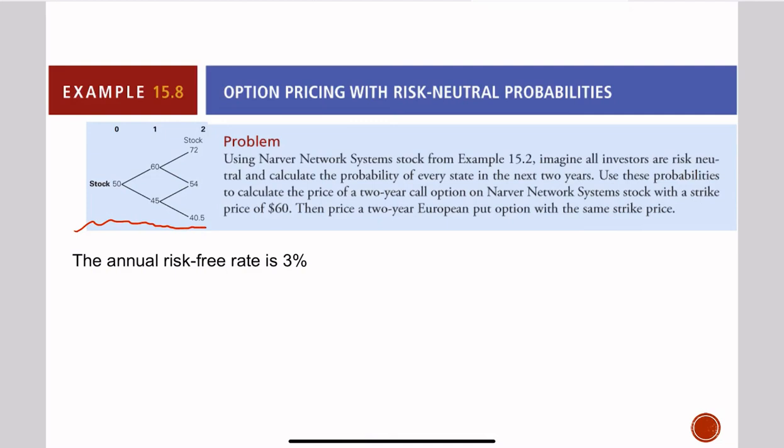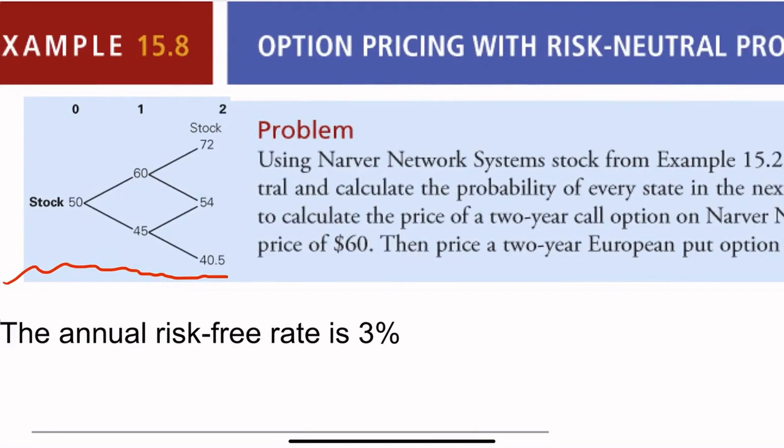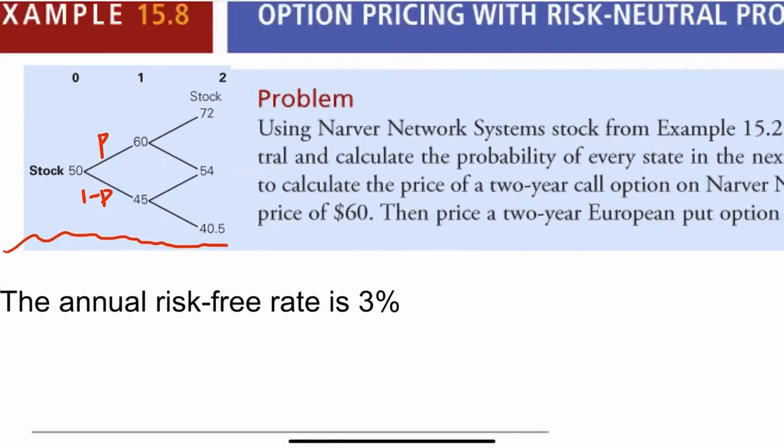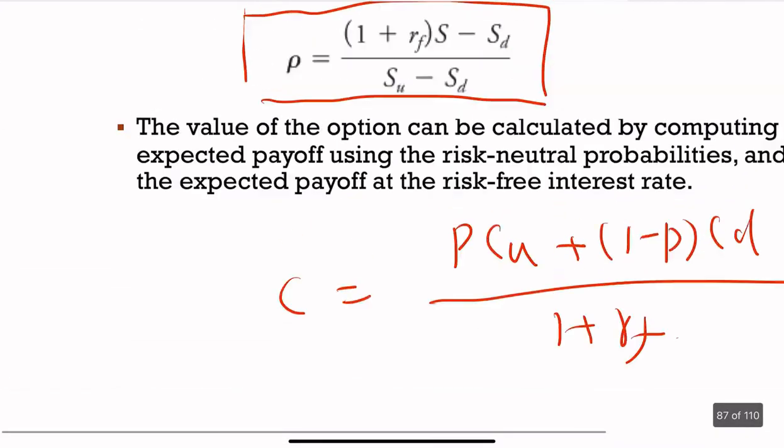So let me show you how you find out the risk neutral probability. Let's say we first find out this P here. How do you find out this? Let me just use the formula here.